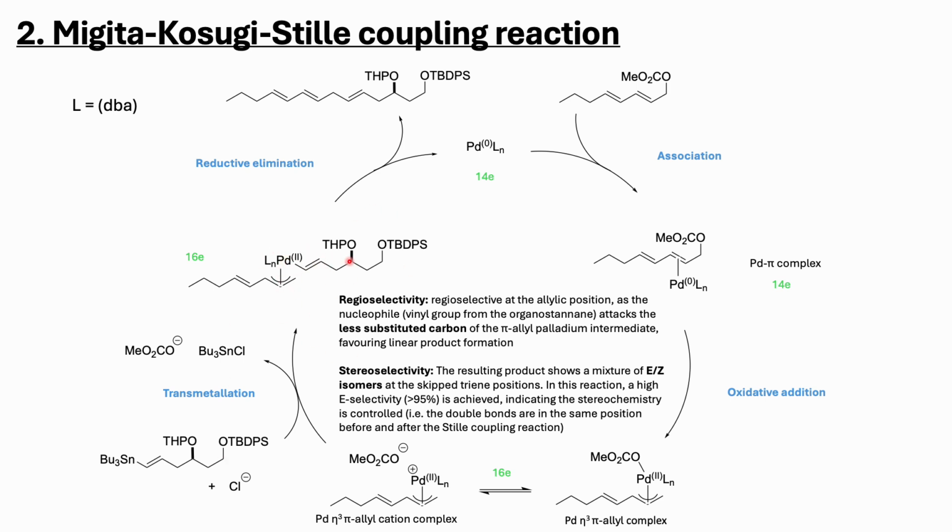This can now undergo reductive elimination where the organic group or the vinyl group acts as a nucleophile to attack the less substituted carbon, which is here, to form this cross-coupled product with a new C-C bond, as well as regenerating our palladium catalyst, which has changed back from an oxidation state of 2 to an oxidation state of 0.